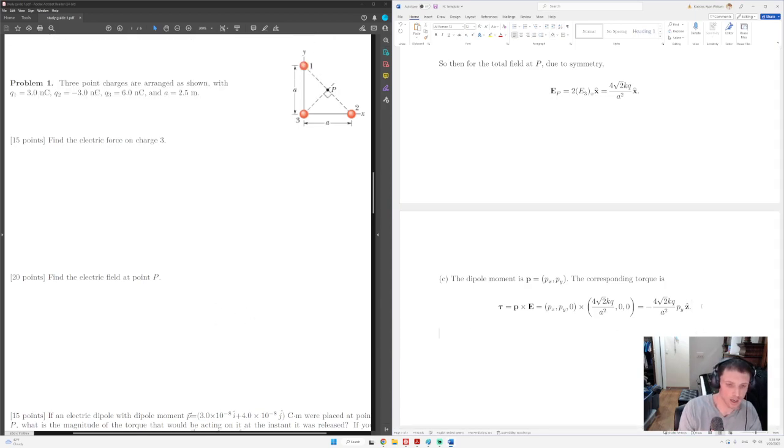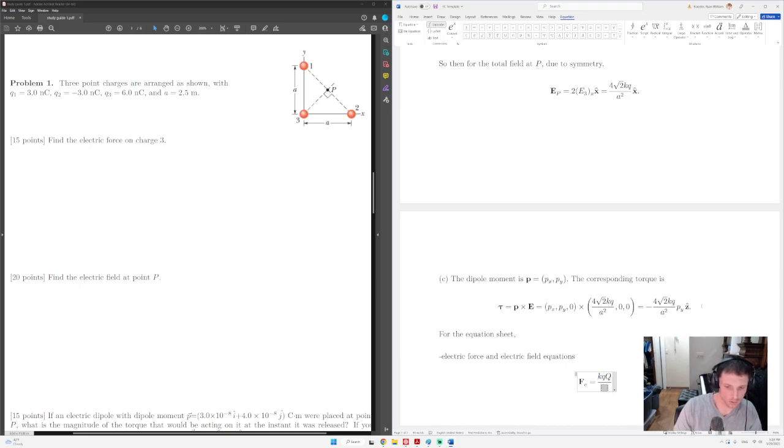So for the equation sheet, you're going to want the electric force and electric field equations. The Coulomb force, we'll just call it FC, is going to be k q Q over r squared, using little q and big Q, and this points in the r hat direction.